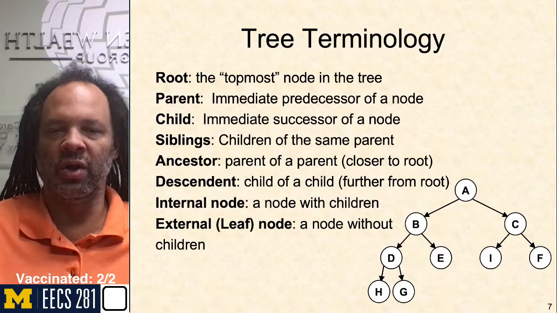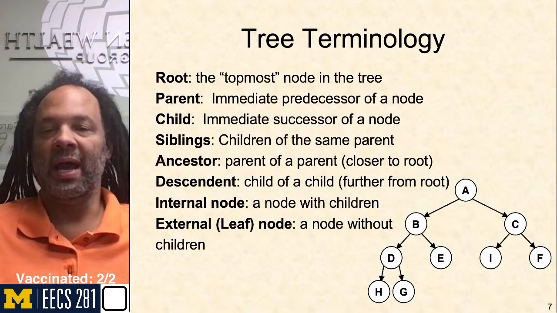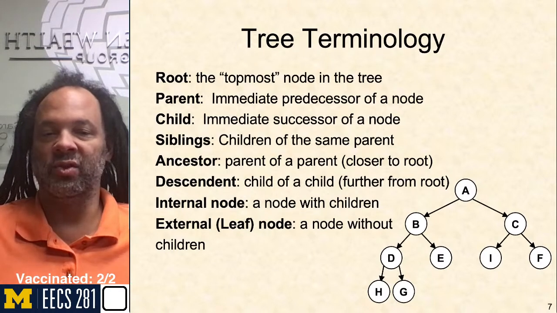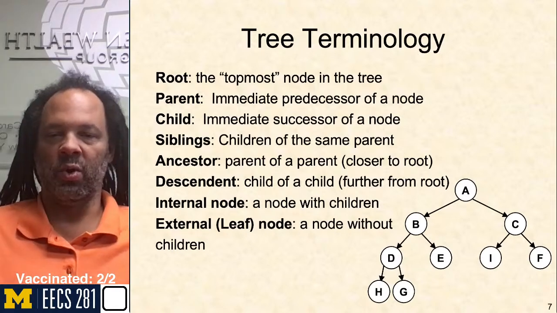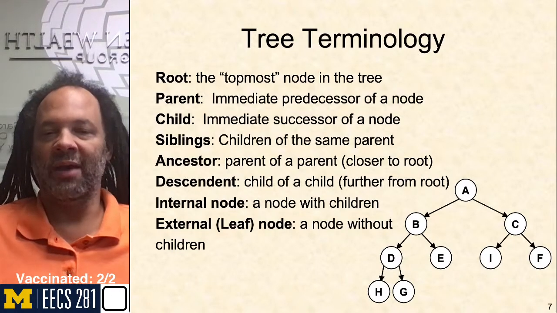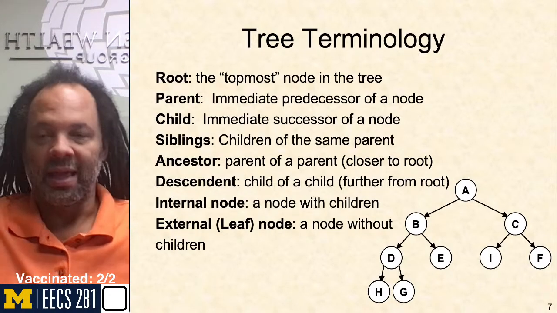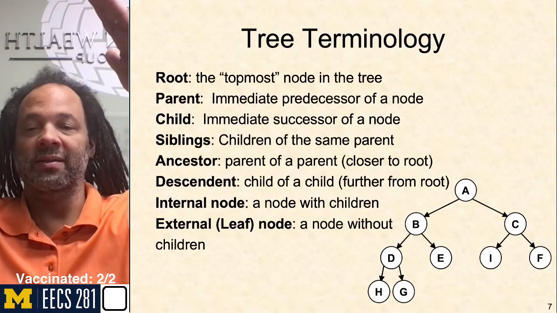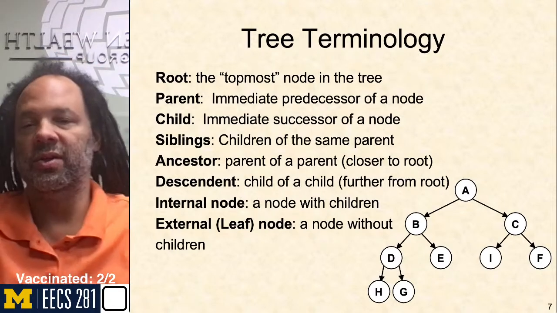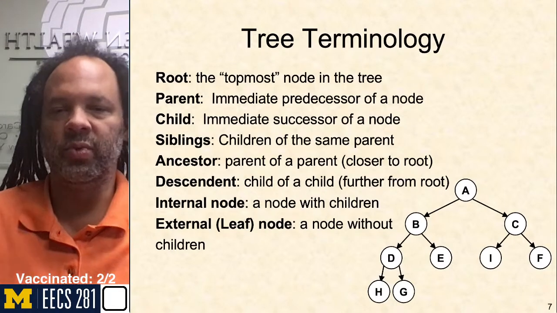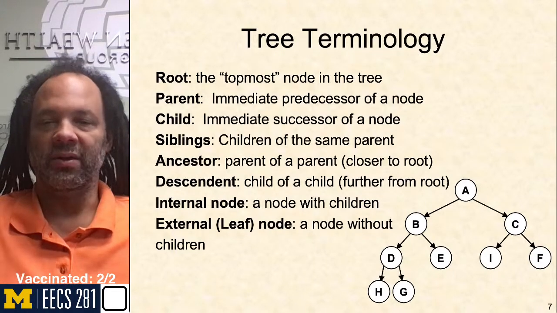But in general terms, we think of aunts and uncles, great aunts and great uncles as people who are elders, but they're not necessarily our ancestors because there's not a direct downward relationship to me. So in order for an uncle to get to me, we have to go up to our common ancestor, right? That common ancestor of an uncle is a grandparent, and then back down through your parent to you. So that's the distinction between siblings, between ancestors and descendants, and of course, elders.